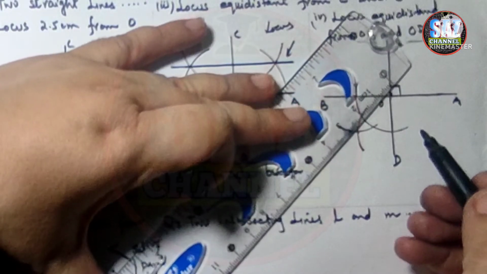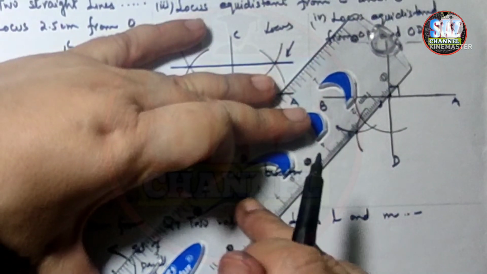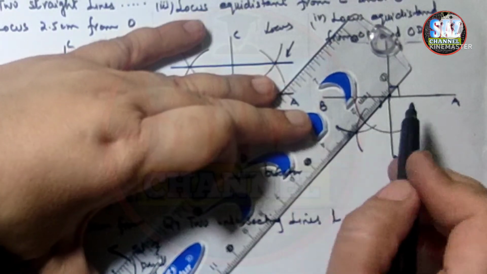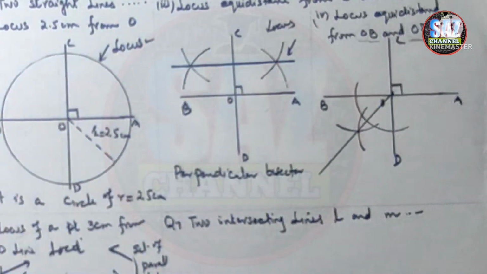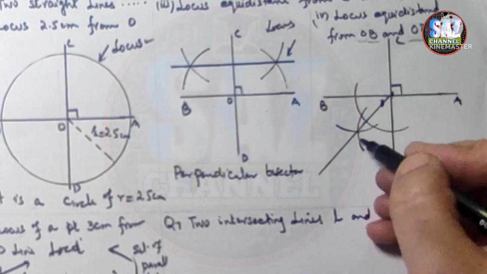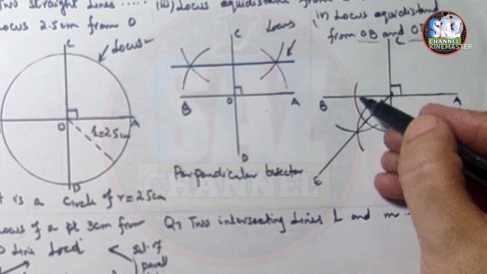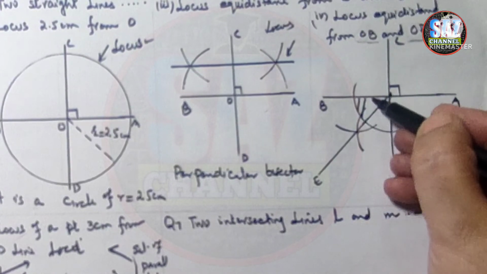Let me keep it a little straight. This is O, and O, E. Now, when you keep the protractor, you can see this portion is equal to this portion.